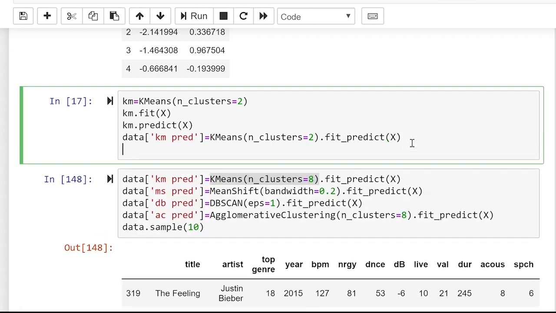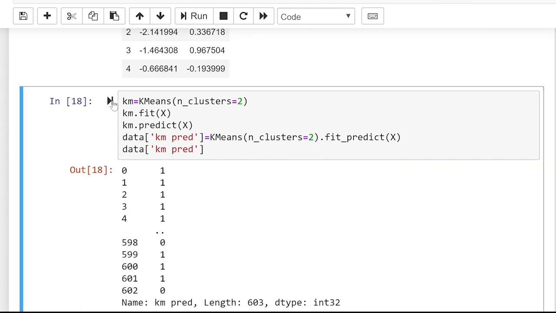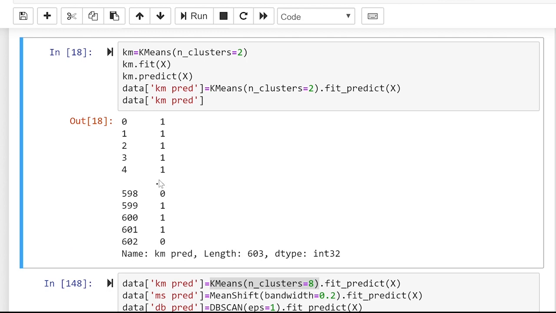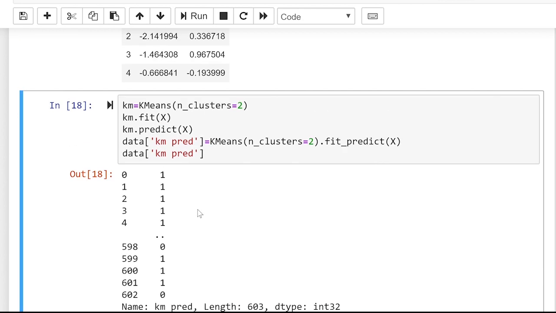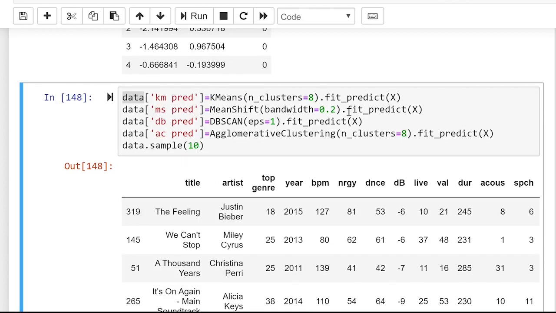So let me show you how data km pred looks like. All of the songs and their groups. As I told you before, I'm going to use this short way instead of typing all these rows.